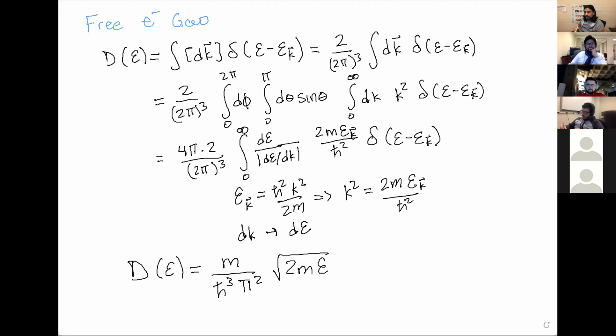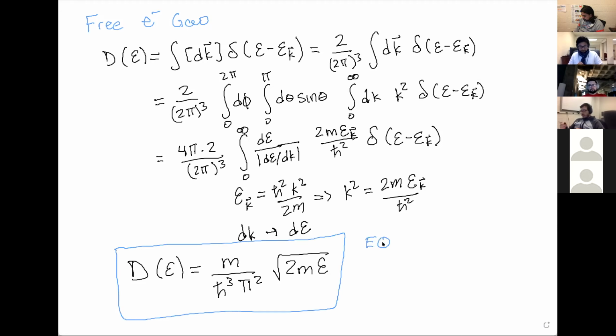So that's the equation for the density of states of the energy. At this point, you can compare this exactly with equation 2.24 in the book.